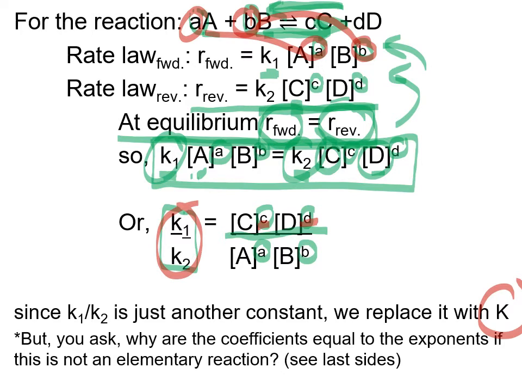Essentially the mechanism is going to work out for the forward and reverse reactions so that the coefficients work out as the exponents as long as you are at equilibrium. It would not be true if you're not at equilibrium, but at equilibrium those coefficients will be the exponents for the reactants and the products.